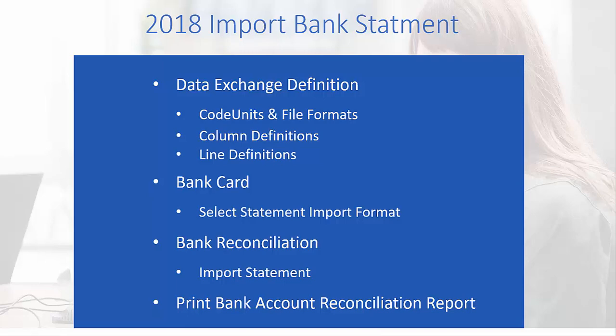And we've done the bank reconciliation itself and even utilised entries that are on the statement that weren't on NAV through the transfer to general journal area. We've then had a look at that print bank account reconciliation report so that we can see all those entries that we haven't gone through this time.